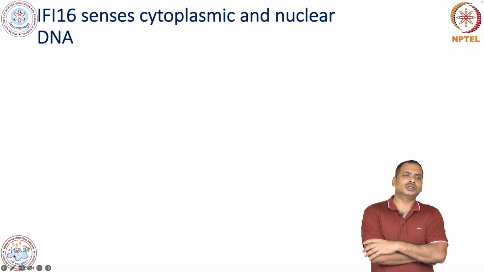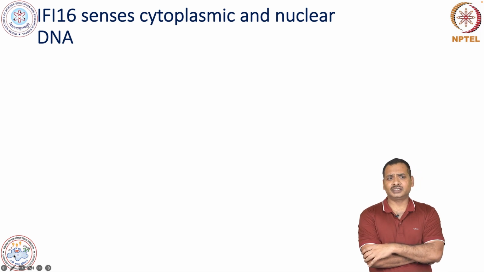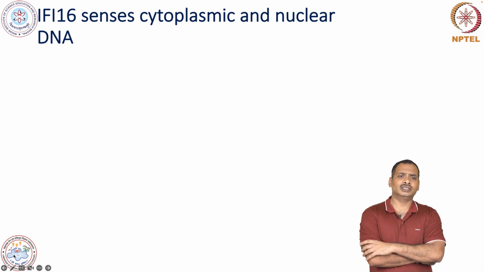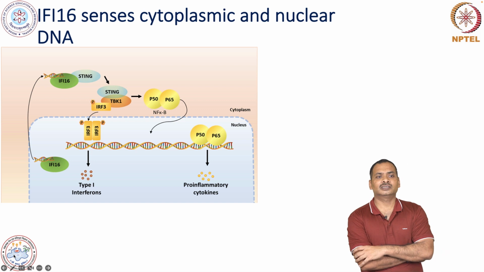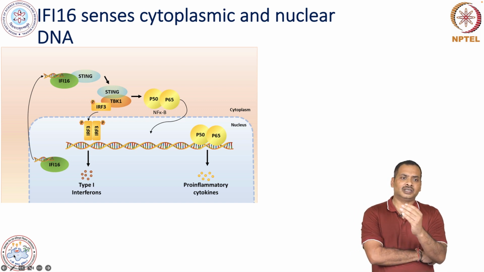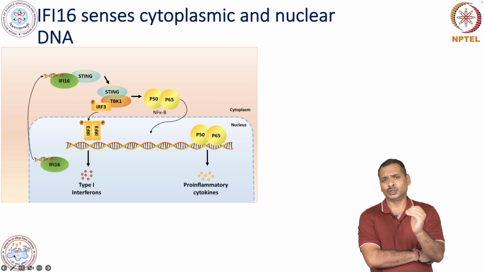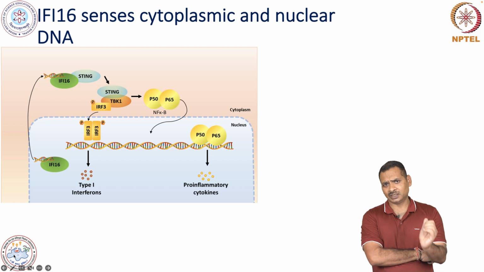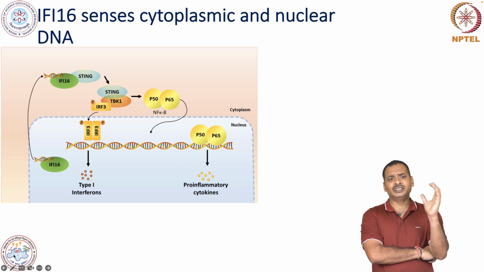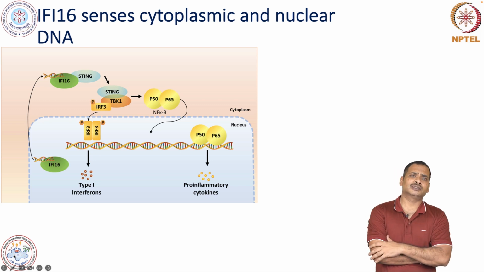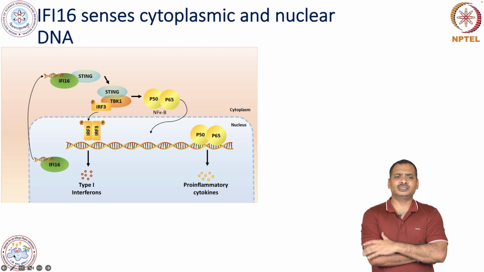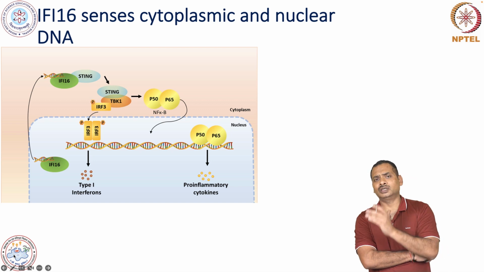Now, I will talk about IFI16, and how IFI16 basically senses cytoplasmic and nuclear DNA. Here you can see that IFI16 is basically localized in the cytoplasm as well as in the nucleus, and when DNA approaches this sensor, it interacts with STING, and then you know the downstream pathway.